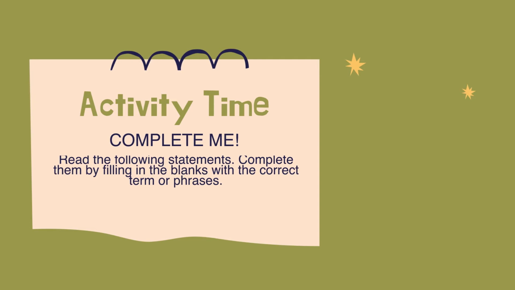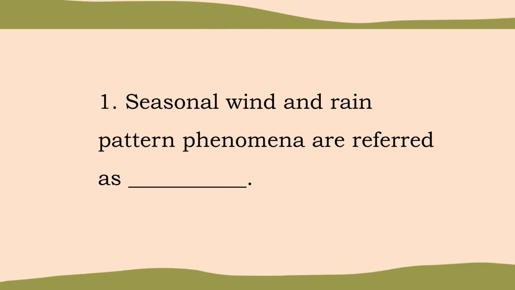Is it clear? Alright, let's start. Statement number 1. Seasonal wind and rain pattern phenomena are referred to as blank. What's your answer? Yes, the answer is monsoon.